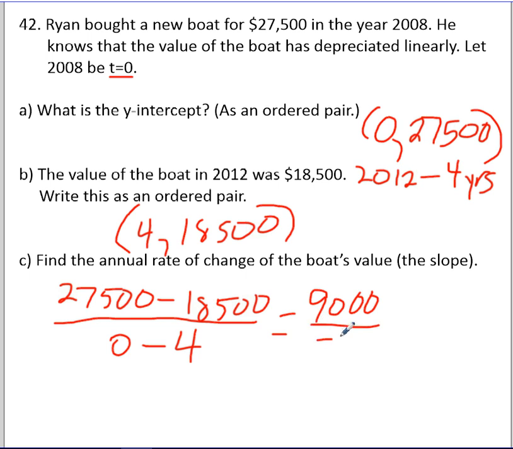And when we subtract the bottom, the years, we get -4, which is good because we need our slope to decrease in value, which means negative. So when we divide 9,000 by -4, we get -2,250. So the boat is depreciating at a rate of $2,250 per year.